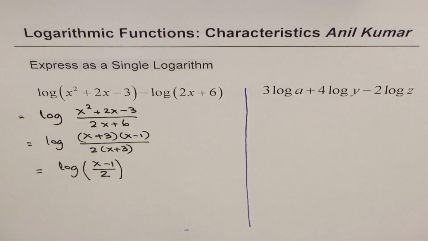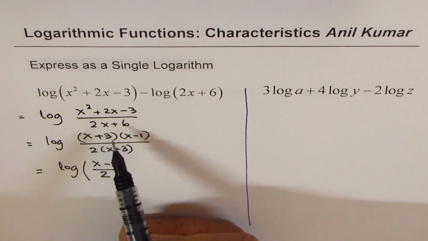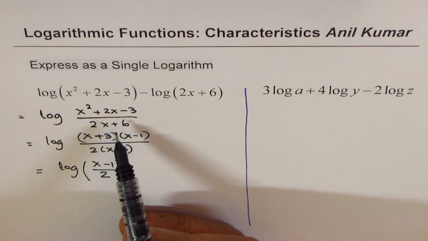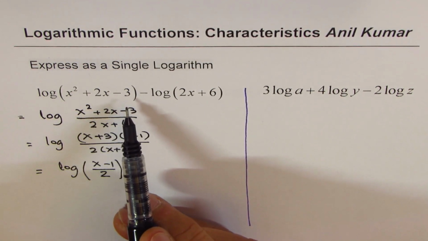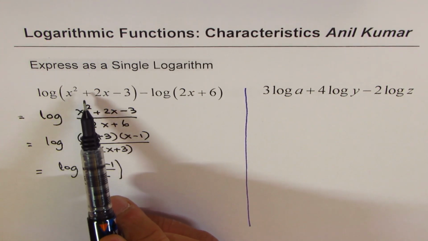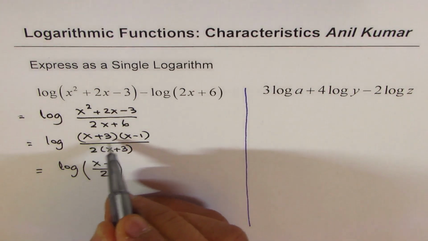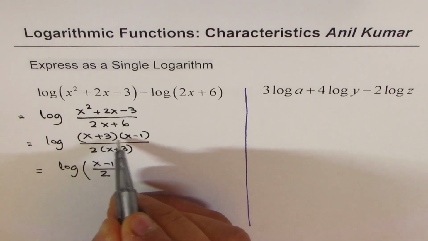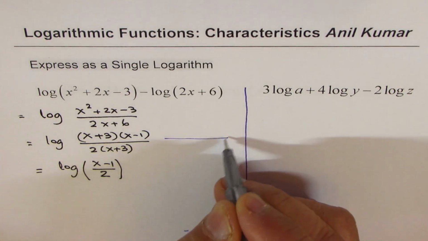That's the meaning. Now whenever you have expressions like this, you should also write down all the restrictions which are based on the given situation, right? So we know log of something should always be greater than 0. So I'd like you to work on the restrictions. When we are talking about this parabola in the numerator, let me just sketch and show you here.